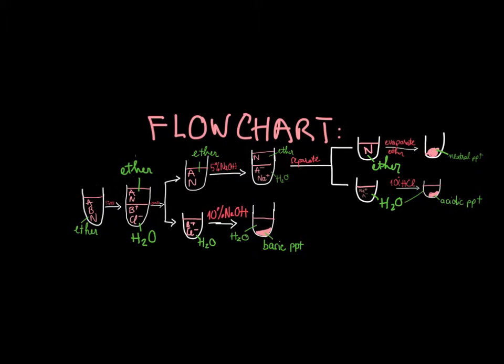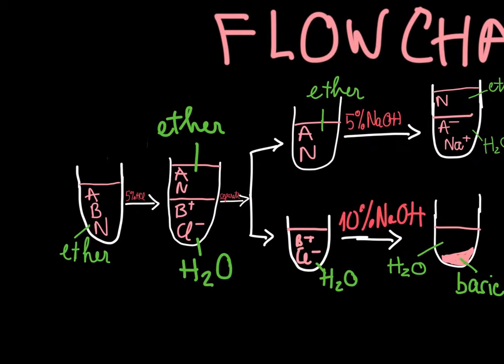The students started off with acid, base, and neutral dissolved in ether, as you can see here, and then he separated the base from acid and neutral by adding 5% hydrogen chloride to the ether layer.